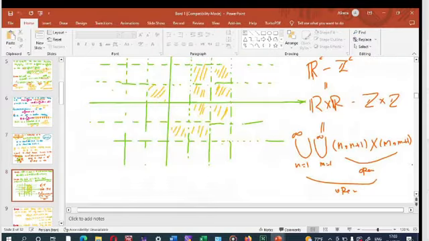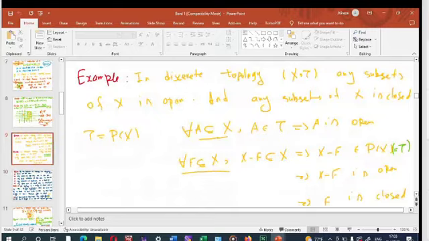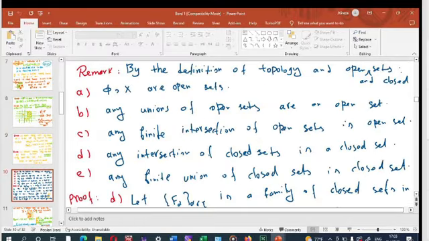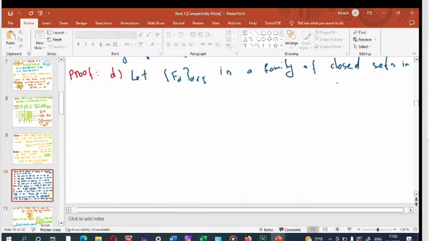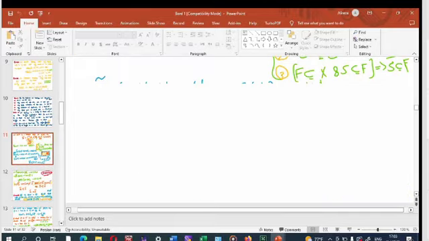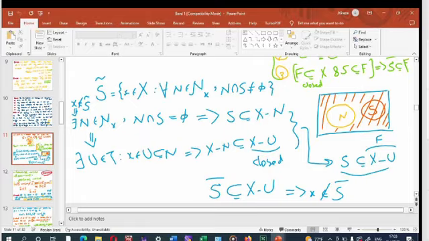This is a very useful example for you, and I wrote some remarks and notes for you. The definition of a spot, and this proposition that a spot is equal to this set.